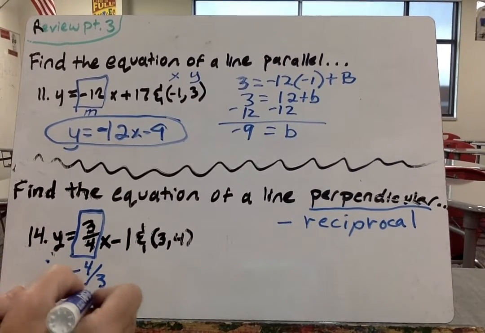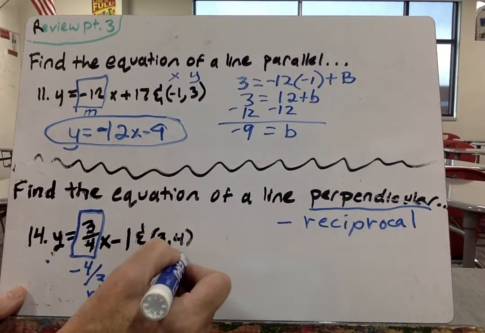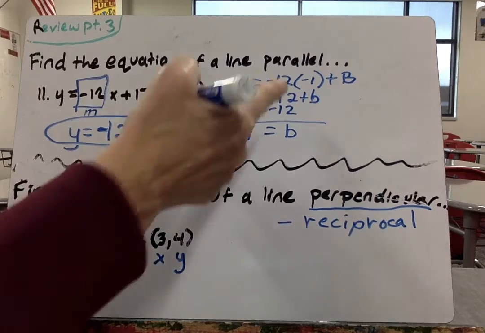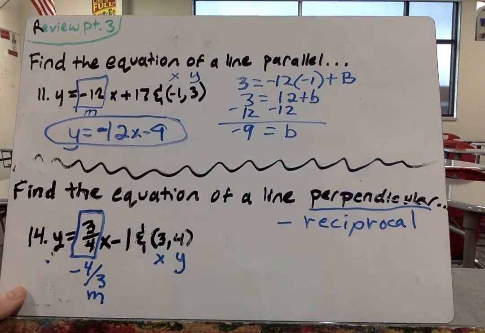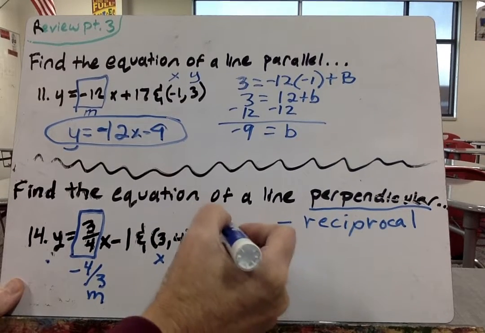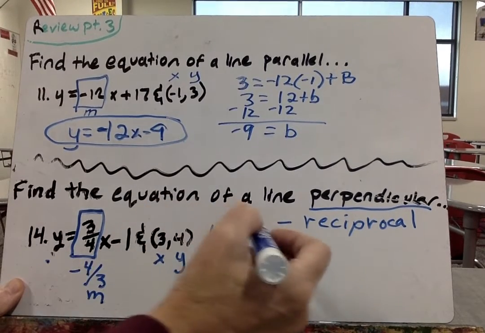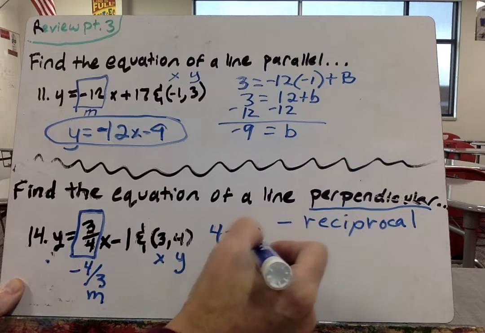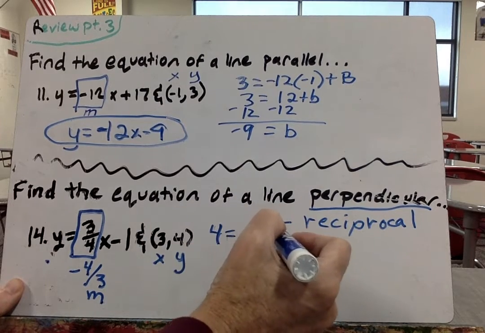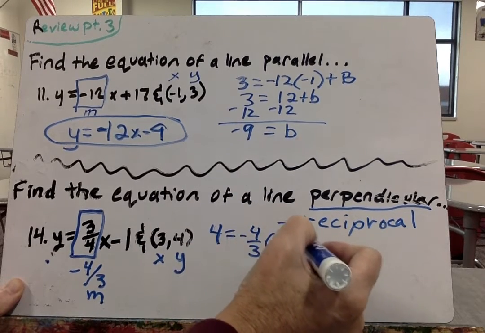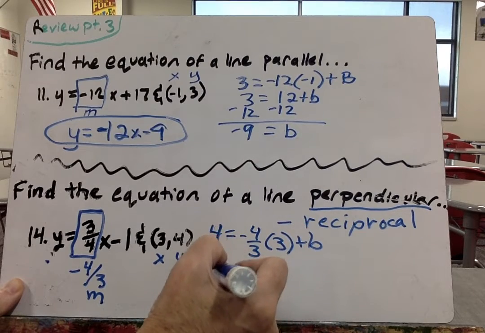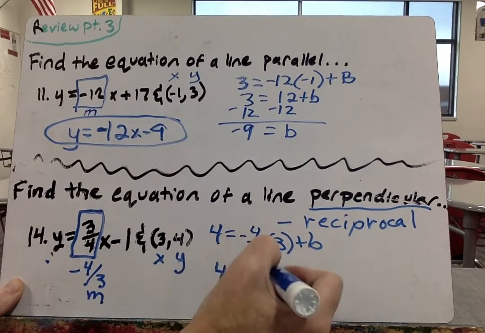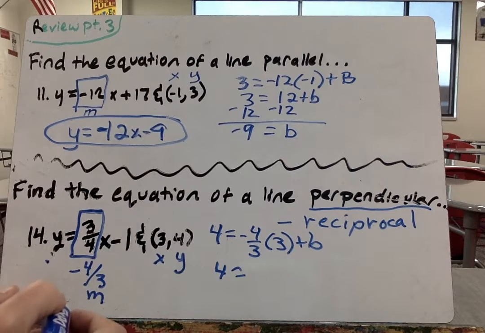So again, we'll know our m, because that's our slope, this is our x, and this is our y. And we get more practice with solving for b and then writing it in slope-intercept form. So we say 4 equals negative 4/3, our x is 3, plus b. 4 equals, multiply that out. Does that get negative 4?